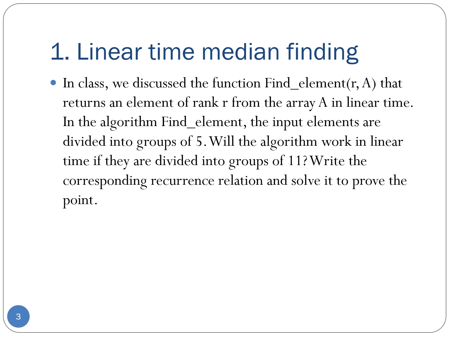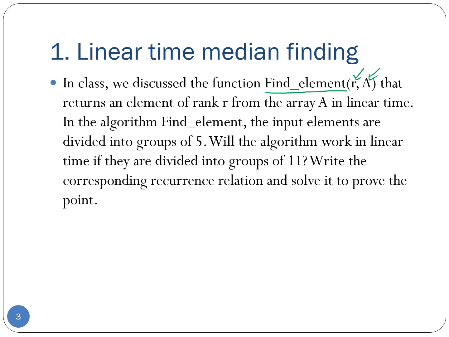This problem is asking us to modify the find element procedure that we talked about in the class. You would recall that this procedure was supposed to find an element of rank r, where r can be any number, in an unsorted array A in linear time.